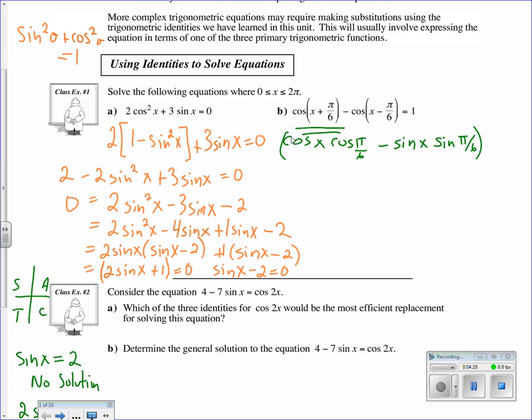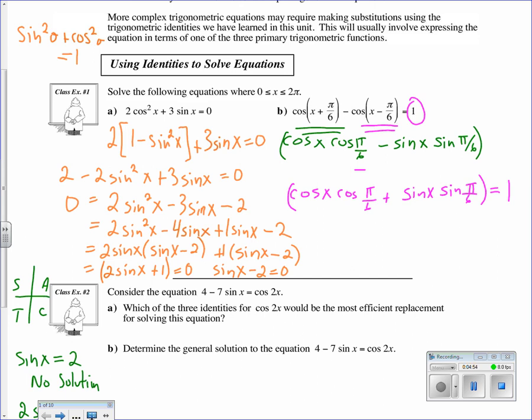And then there's a minus sign. And I have to use the cosine subtraction rule, which is cosine x times cosine pi over 6 plus sine x sine pi over 6, and that's in brackets, and this is supposed to be equal to 1.